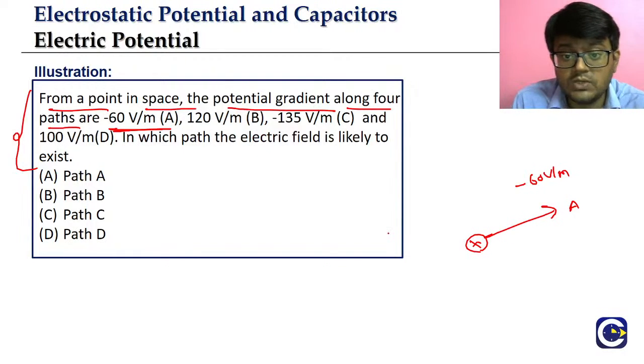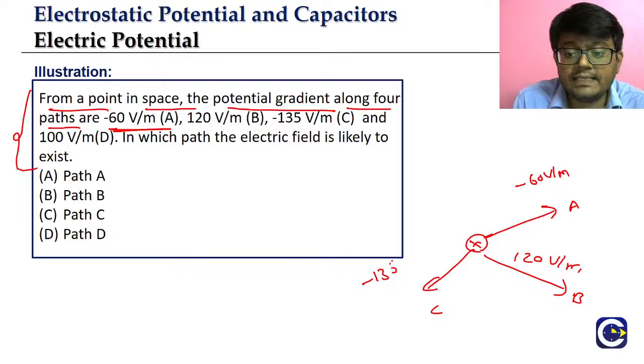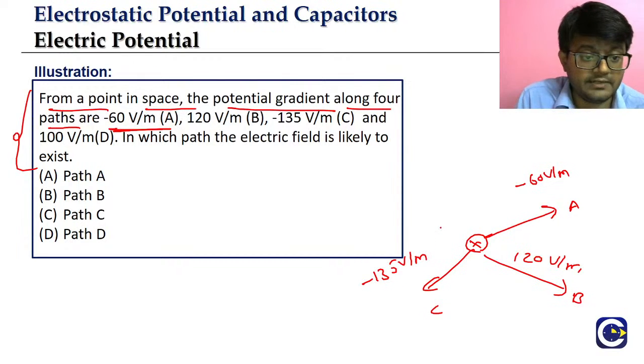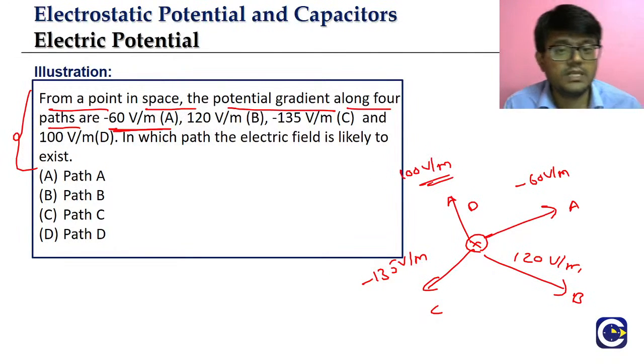Path B: 120 volt per meter. Path C: minus 135 volt per meter. Path D: 100 volt per meter.